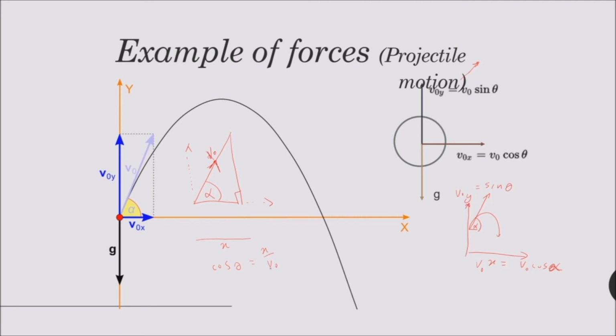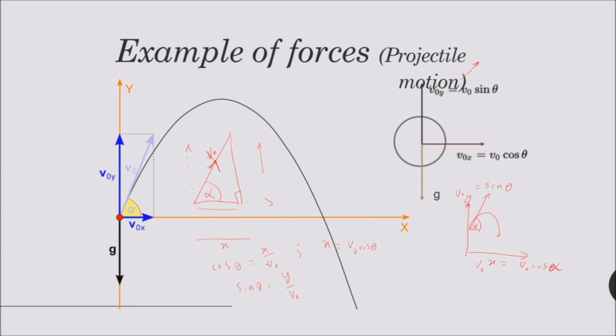And the y part, which is this part right here, you can say sine theta is equal to y divided by v0. So that's the equation for sine and cosine. So in this case we have to know what this portion is, which I call x here. So the x will be equal to v0 cosine theta.